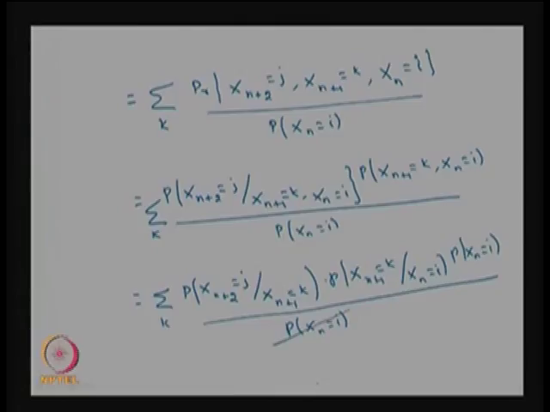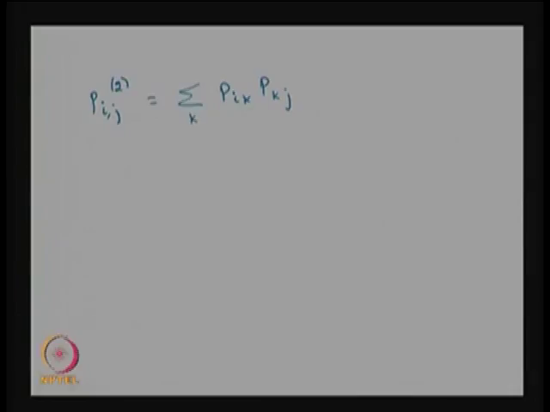So, this and this get cancelled. This is nothing but the one step transition probability of the system moving from k to j, and the second term is the one step transition probability of the system moving from i to k.